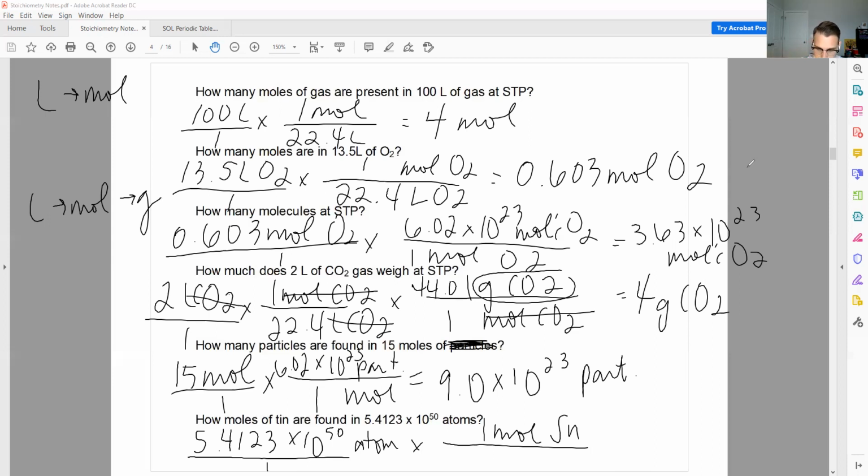Tin is Sn, by the way. 6.02 times 10 to the 23rd atoms of tin. Do that math. It turns out to be 8.9905 times 10 to the 23rd moles. So again, most of this is just dimensional analysis using different conversion factors.